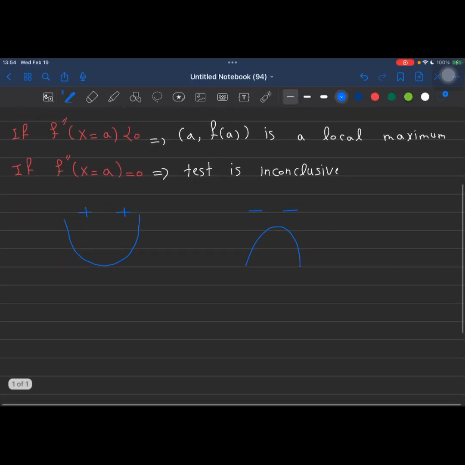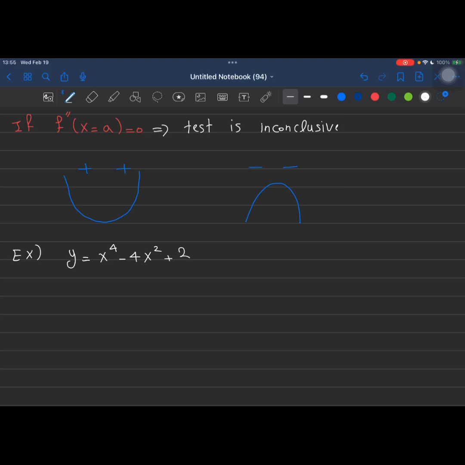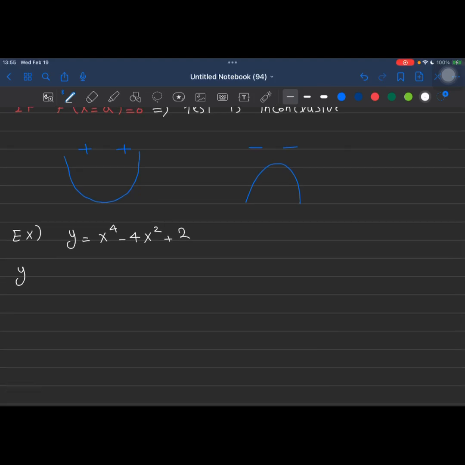Now, as an example, let's look at a function y equal to x to the power of 4 minus 4x to the power of 2 plus 2. I'm going to start with finding y prime.